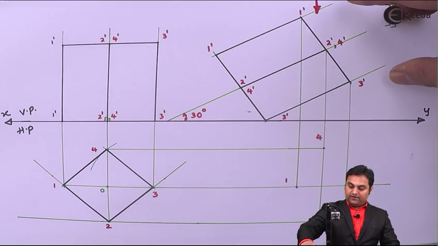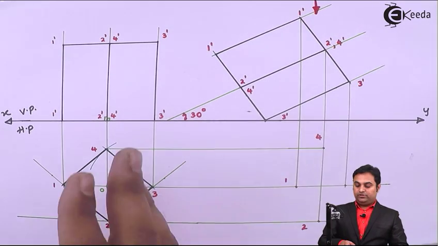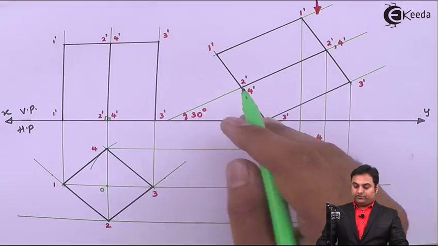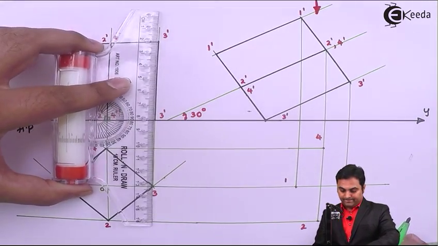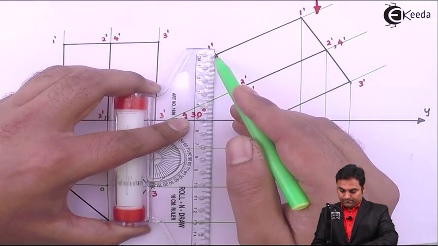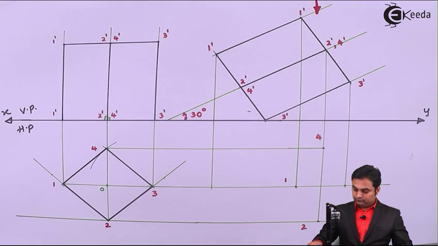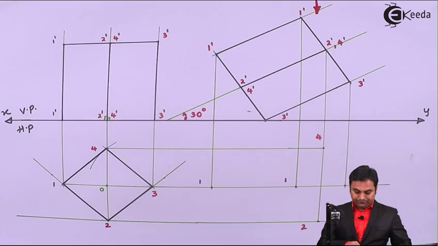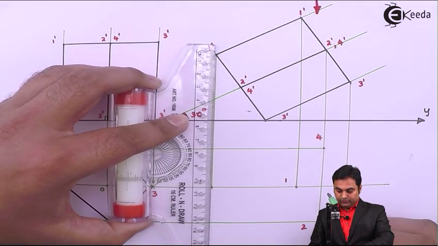Next, after drawing the projections for the square face which is at the top, now for the square face which is at the bottom. So first, starting with 1 dash. Point 1. Next, 2 dash and 4 dash. So here they are onto the same line.